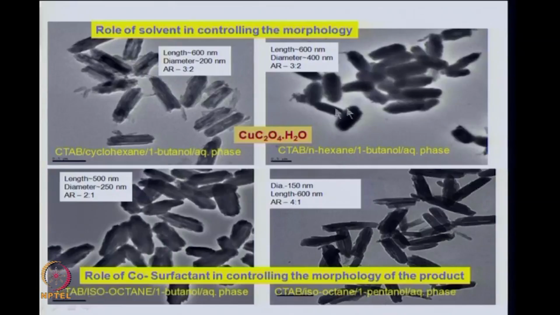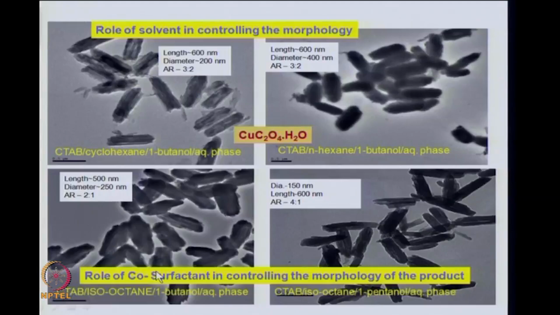So, the top two show you change in the dimensions of the nanostructured materials when you change the solvent, and the bottom two slides show you what happens to the morphology when you change the co-surfactant.